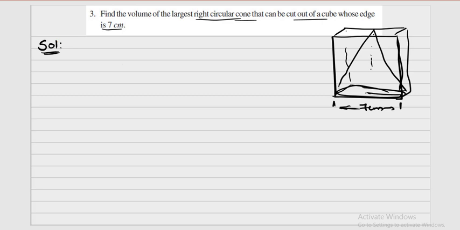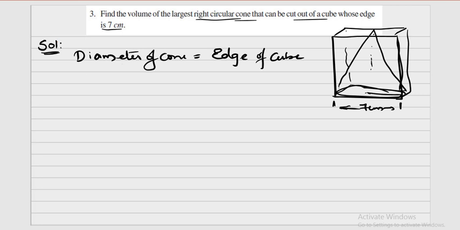So the diameter of the cone is equal to the edge of the cube, and the height of the cone is equal to the edge length of the cube.